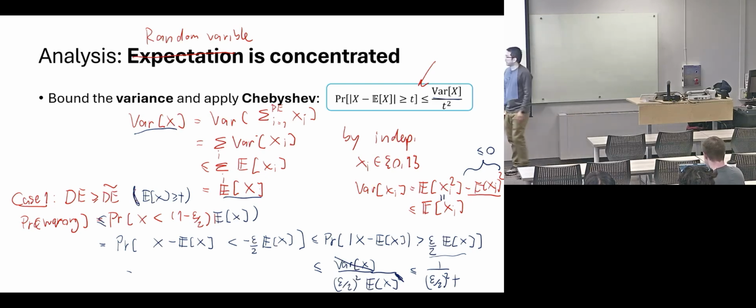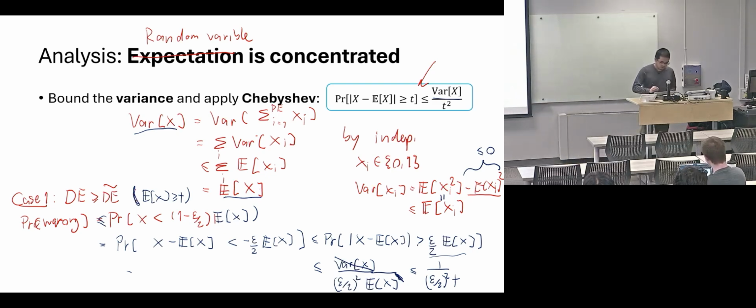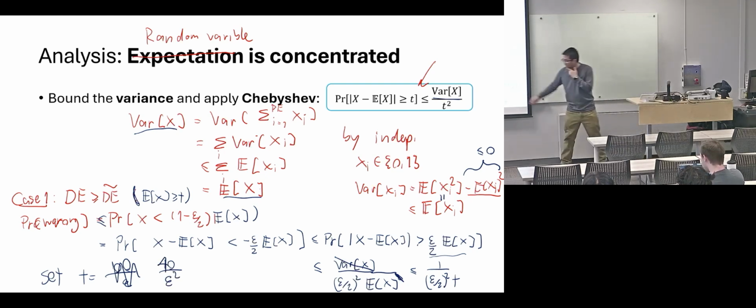So now we have that in the first case, the probability that we are wrong is something like 1 over epsilon squared t. So if we set t to be something like 40 over epsilon square, then this would be like 1 over 10.